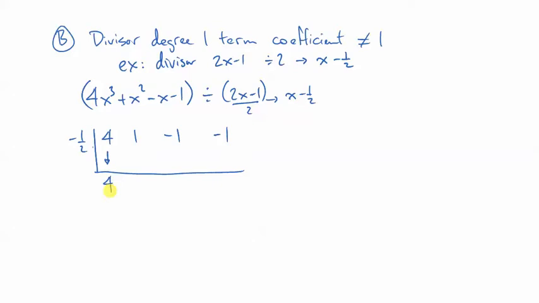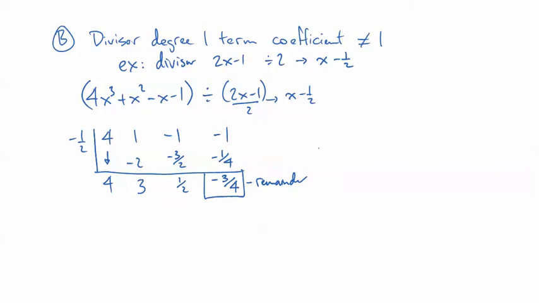Carry my 4 down and multiply. I'm subtracting. So I have 3 and I multiply, and unfortunately I'm going to have to deal with a fraction here. Subtract and get half, multiply and subtract and get negative 3/4. Negative 1, add 1/4. Negative 3/4 is my remainder.